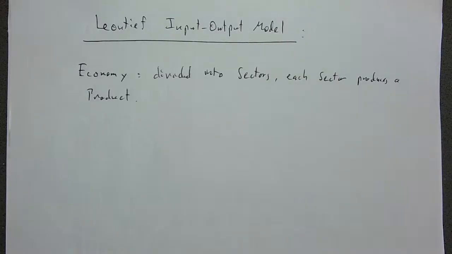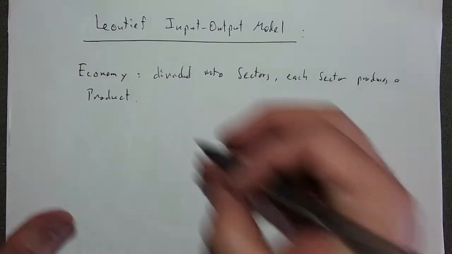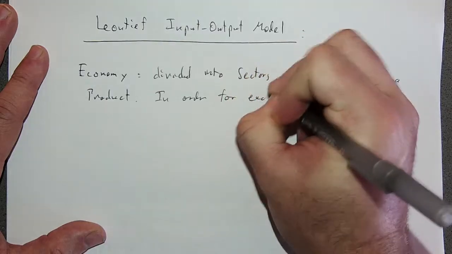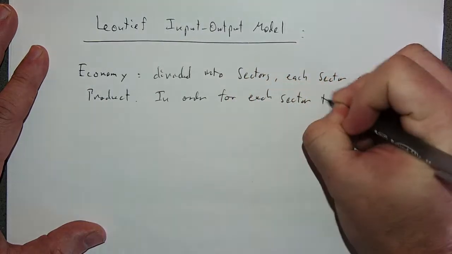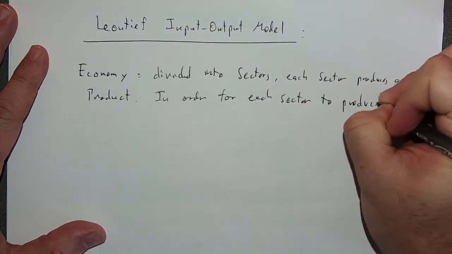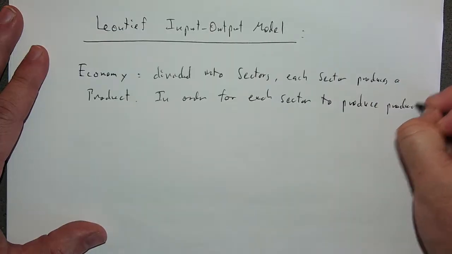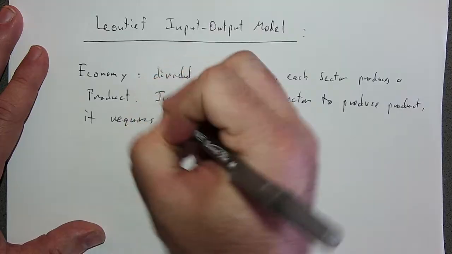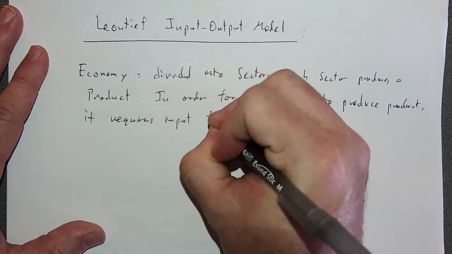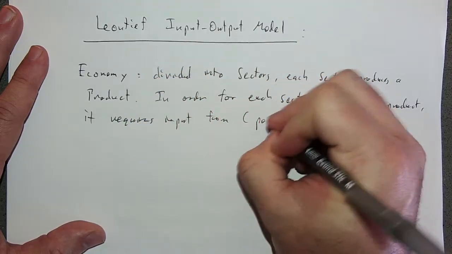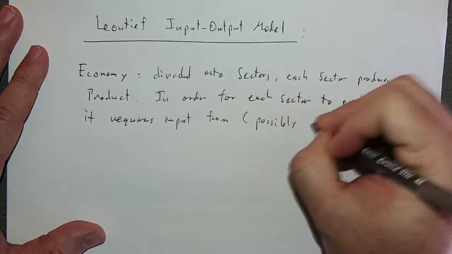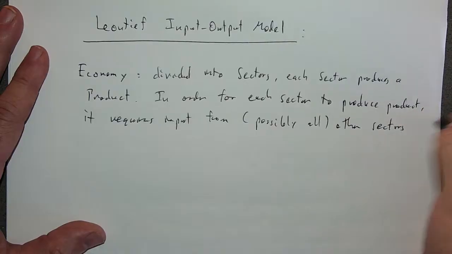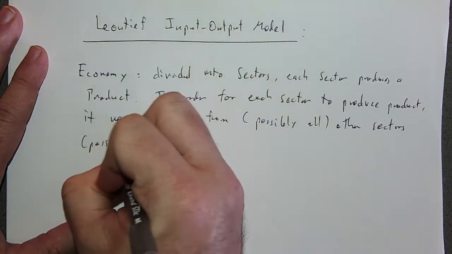Okay, so in order for each sector to produce product, it requires input from possibly all other sectors, possibly including itself.